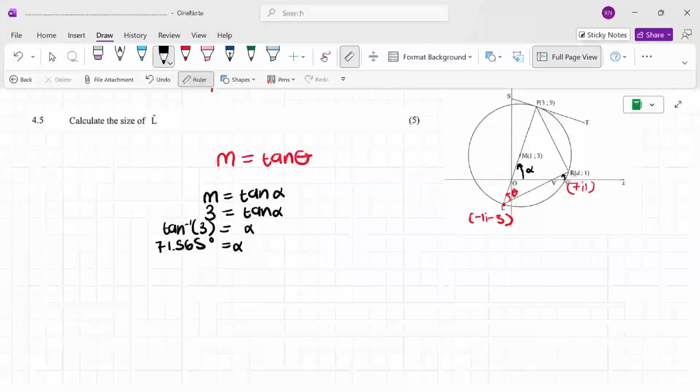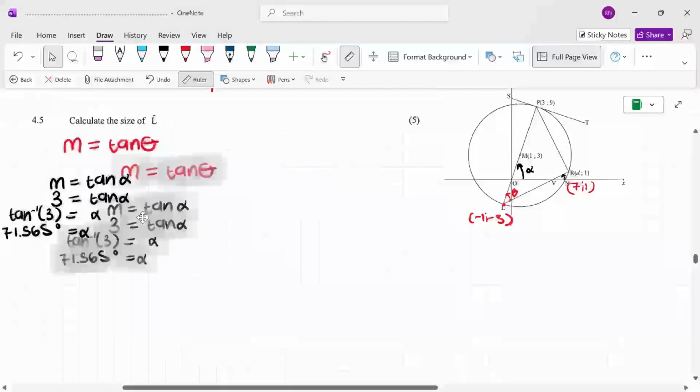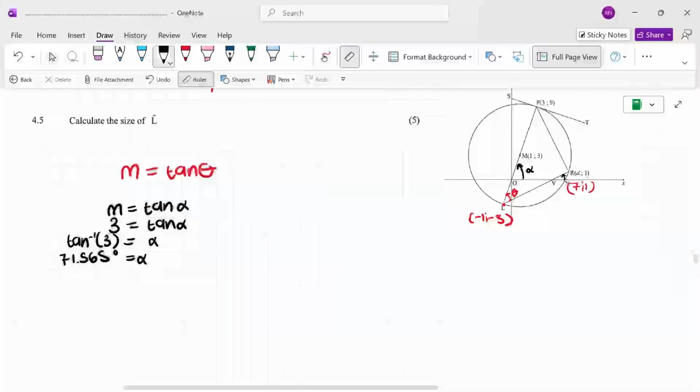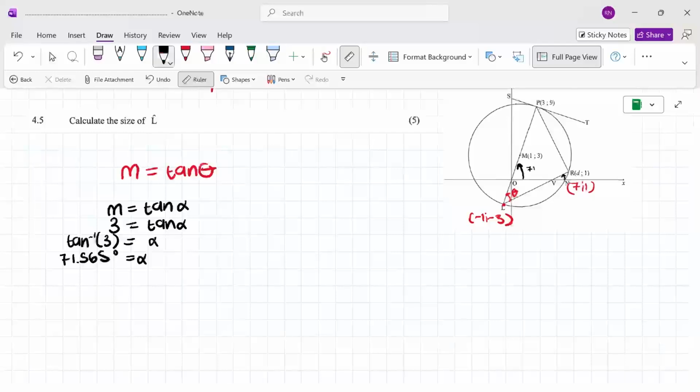And now let me just move this to the side. Okay, so that's our alpha. We now know that that angle over there is going to be 71.565. And now I'm looking for this small angle over here.